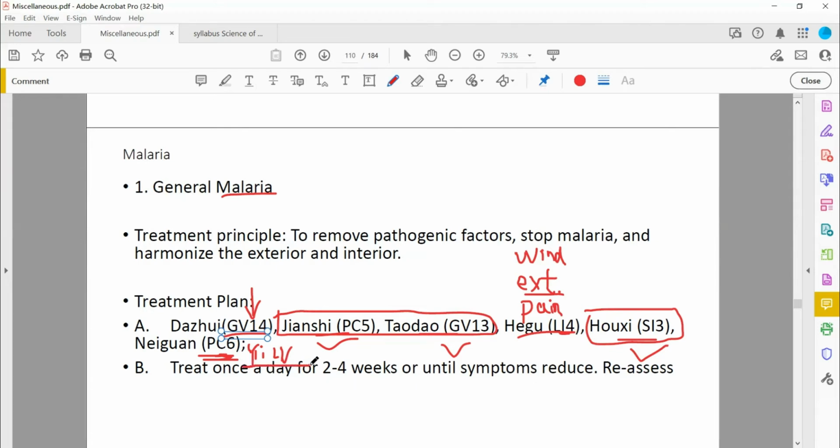This one is between interior and exterior. Yin linking, right? That's the exterior. Interior, sorry, interior. Yin linking is responsible for any interior.